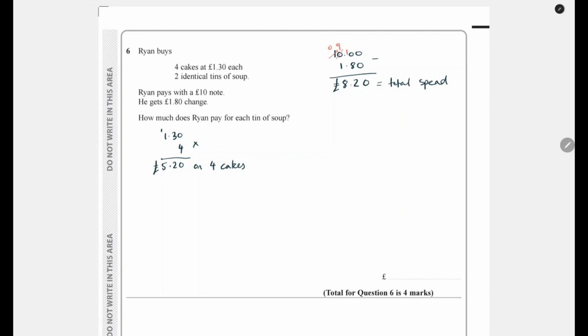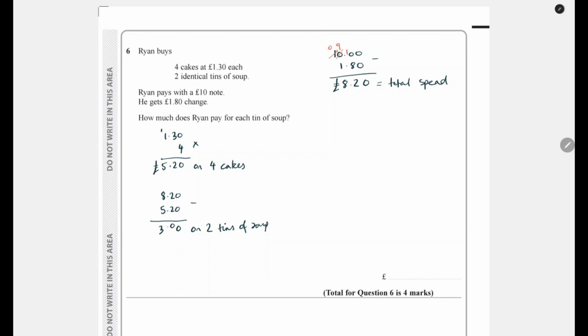And so to figure out how much he spends on 2 identical tins of soup, we do the total amount, which is £8.20, minus the amount he spends on 4 cakes, which is £5.20. That's 0 minus 0, which is 0, 2 minus 0, which is 2, and 8 minus 5, which is 3. So he spends £3 on 2 tins of soup.